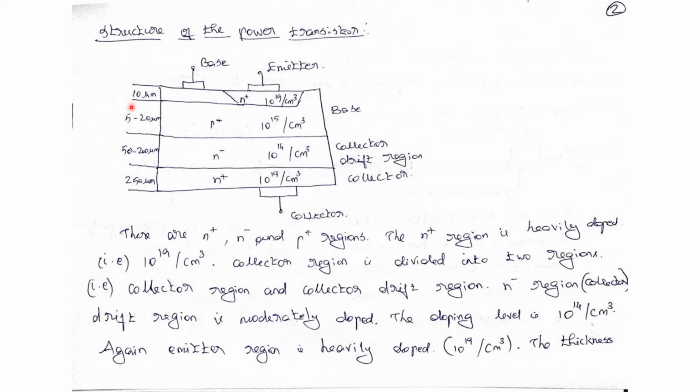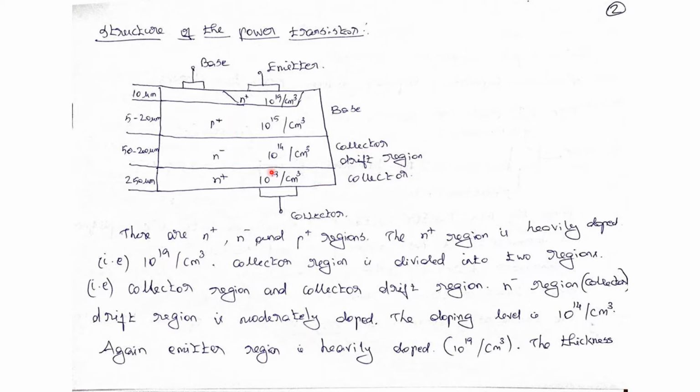Then here we'll see the structure of the power transistor. This is the cross-sectional area of an NPN transistor. There are regions like N plus, N minus, P plus, N plus. The N plus region is heavily doped. The doping level is 10 to the power 19 per centimeter cube.